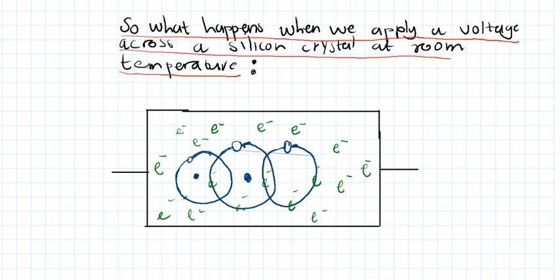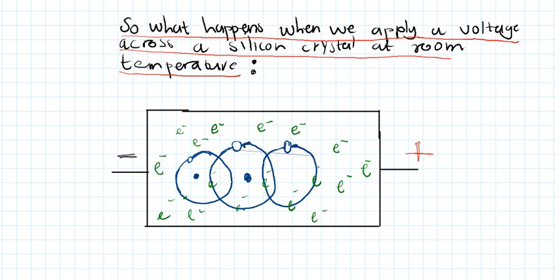So if we were to apply a voltage across this silicon crystal, we assume this is our silicon crystal, and we're only looking at atomic structure. So let me add some terminals. Here we apply a positive, and here we'll apply a negative. This will be the negative terminal, and this one will be the positive terminal. Assume we are applying a voltage across this silicon crystal.